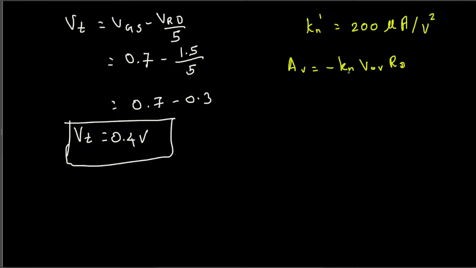Why is this one helpful? Because Kn is basically Kn prime times W over L. So if you know the Kn, then we can solve for the W over L. So finding Kn is helpful for us. AV is already there, that is minus 10, and then Kn is what we are trying to find, and then V overdrive is VGS minus VT.